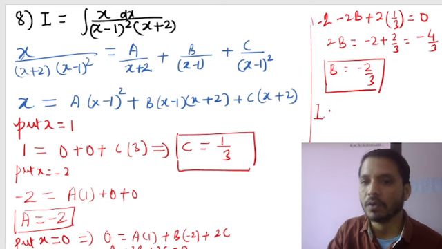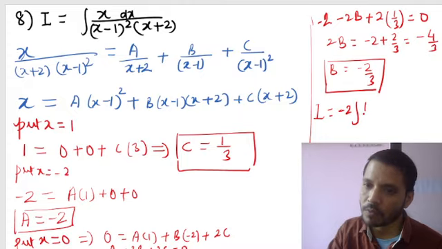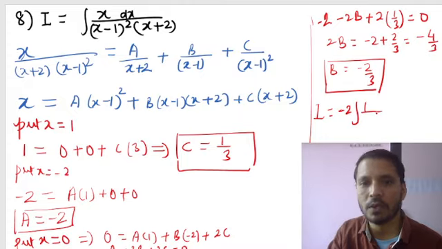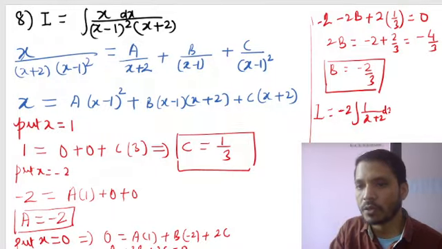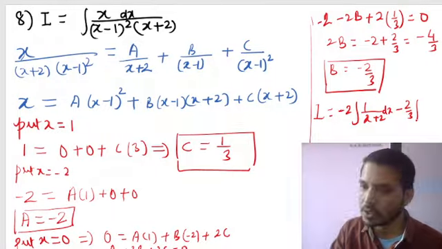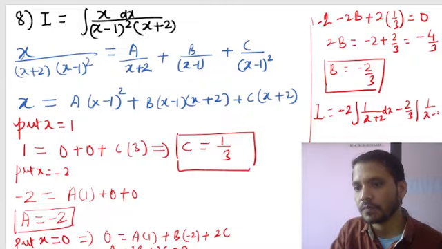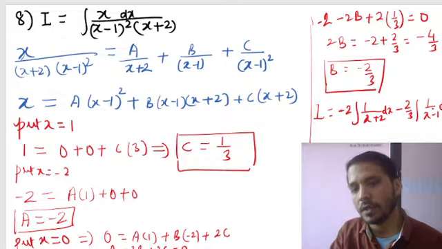I will be equal to A, that is minus 2, integral of 1 upon x plus 2 dx, plus B, which is minus 2 by 3, taking it outside, integral of 1 upon x minus 1 dx.